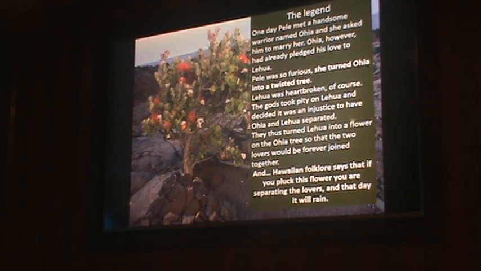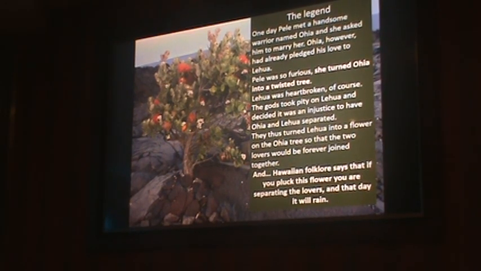Thus, they turned Lehua into a flower on the ohia tree, so that the two lovers would be forever joined together. And Hawaiian folklore says that if you pick that lehua flower from the tree, it's going to rain the next day because she's crying.